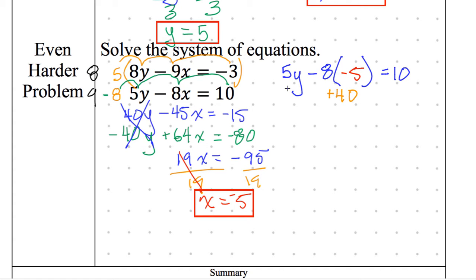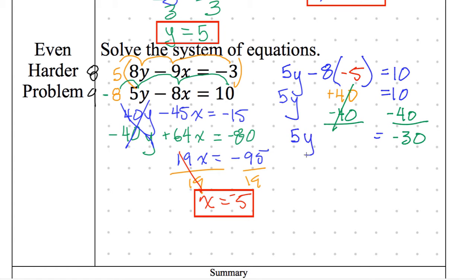And I still have this 5y plus 40 is equal to 10. I'm going to now subtract 40 from both sides. I know I'm going way too fast, but I do want to get through this. Those cancel out. I'm left with negative 30. On the left-hand side, I still have this 5y. And finally, I'm going to divide both sides by 5, and I get y is equal to negative 6.